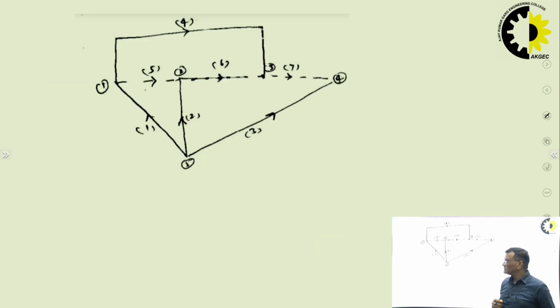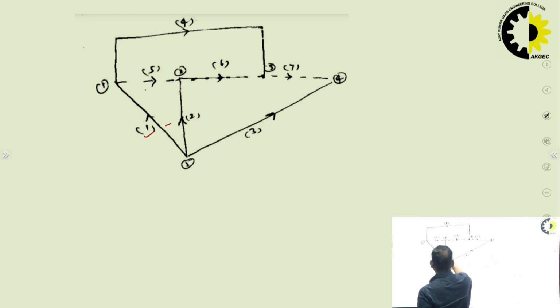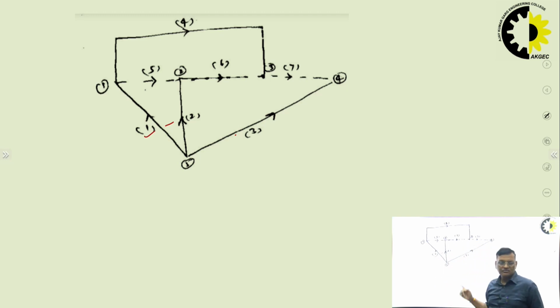This is another graph with basic cuts. Here we can see that 1, 2, 3 and 4 are the twigs, and 5, 6, 7 are the links. So 4 branches are twigs and 3 branches are links. We have taken a tree.